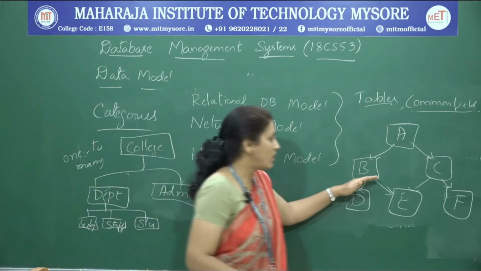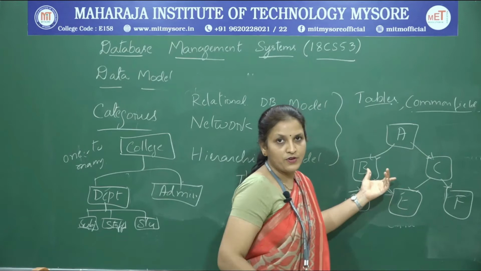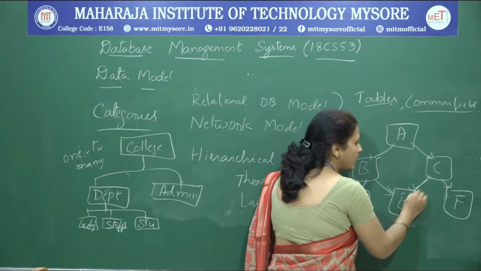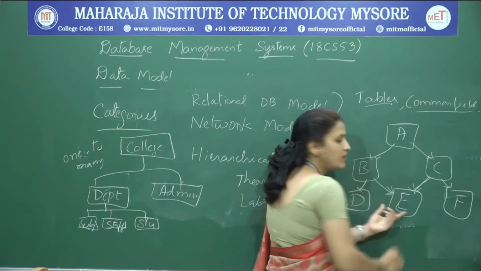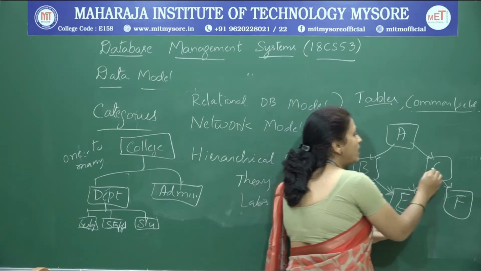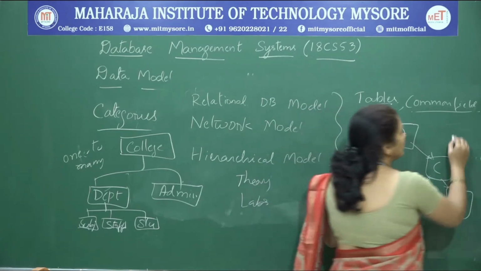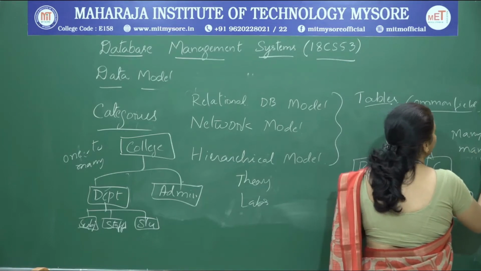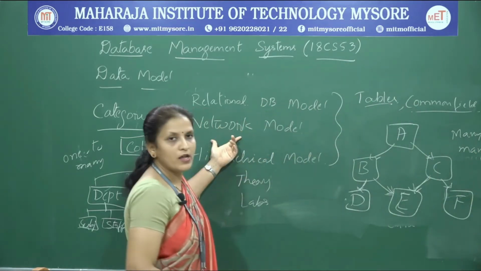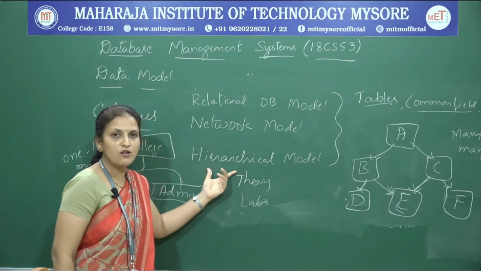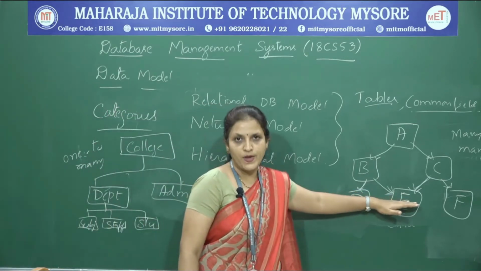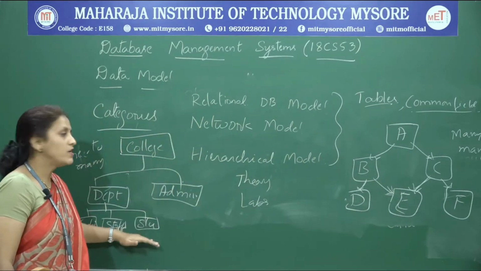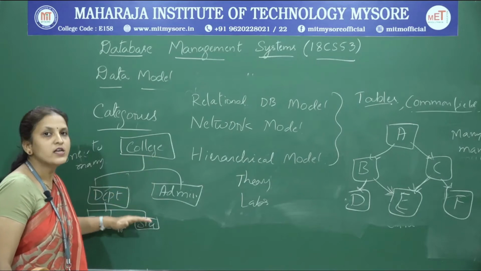But in the network model it ends up as a graph-like structure wherein we can have more than one parent node. If you observe for an entity E, here we are having B and C as parent nodes. So, here the relationship is many to many. So, we can say the network model is an extension of the hierarchical model where it is allowed to have more than one parent node, whereas the hierarchical model is a tree-like structure which begins with a root node and with subsequent child nodes.